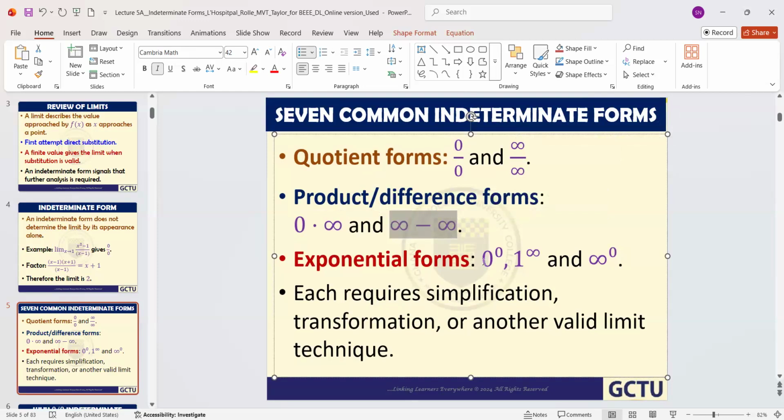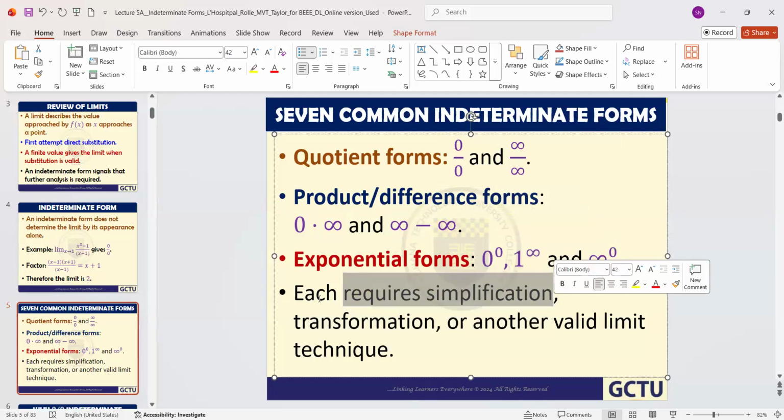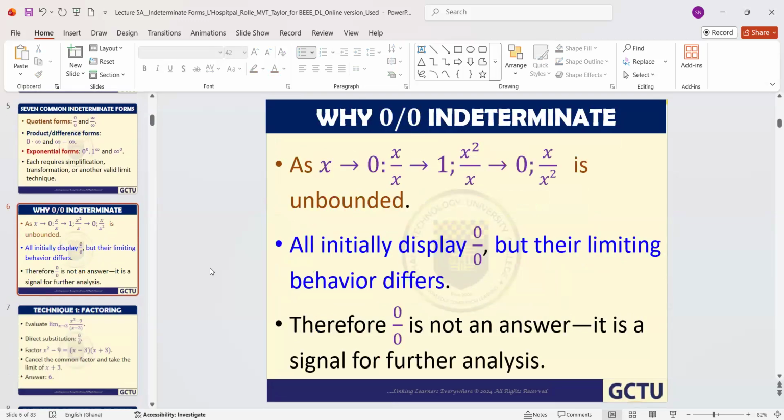Then the exponential form is 0 raised to the power 0, 1 raised to the power infinity, and infinity raised to the power 0. So what we are saying is that these 7 forms, 1, 2, 3, 4, 5, 6, and 7, if you solve a problem and it gives you that, then you must do further simplification. That's the point we are making. Okay, so identify this, and then you go on and simplify with the techniques we are going to learn this morning.